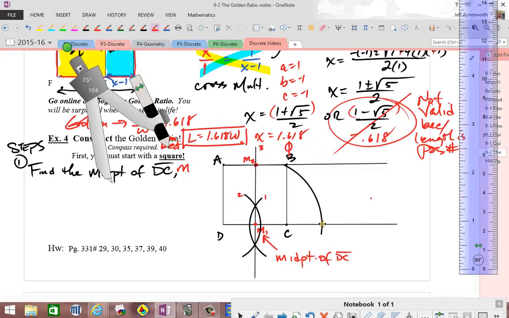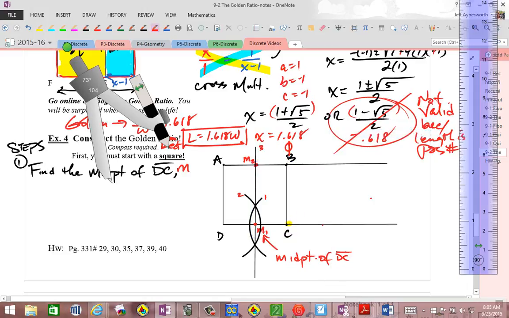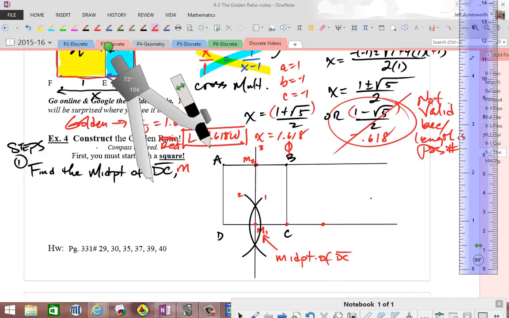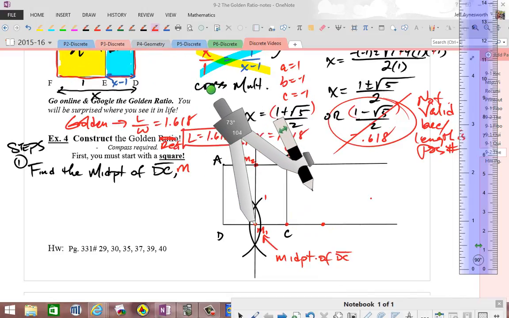I don't know why it's doing this here. I just want to mark a point, but not there, but here. Oh shoot, what happened to my arc? Let me repeat this. Always challenging to do on a computer.